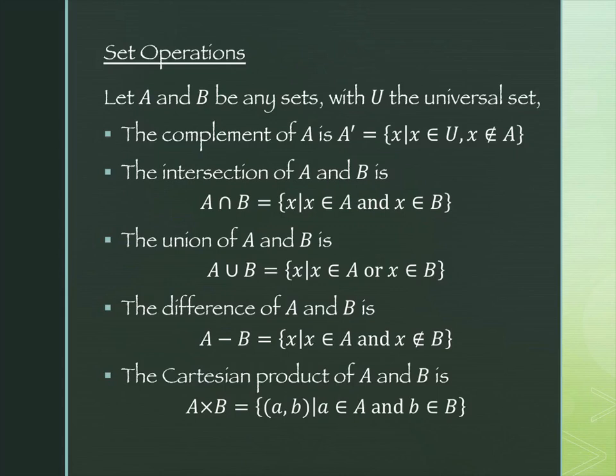The first one actually occurred in a previous section. It's called the complement. The complement of A is the set of all X such that X is in the universal set, but it's not in A. The rest of them came about in this section: the intersection, the union, the difference, and then the Cartesian product. So I'm just going to be quiet and let you write those down.